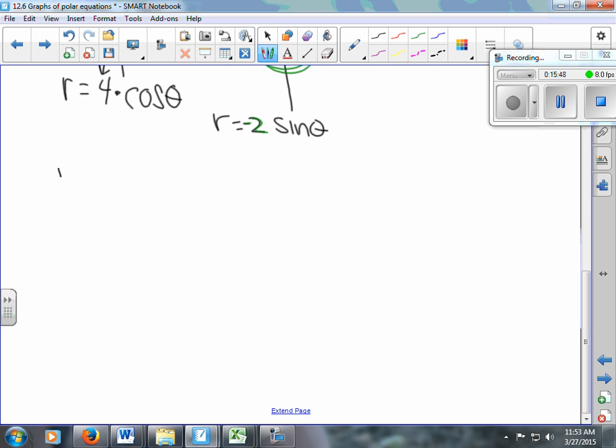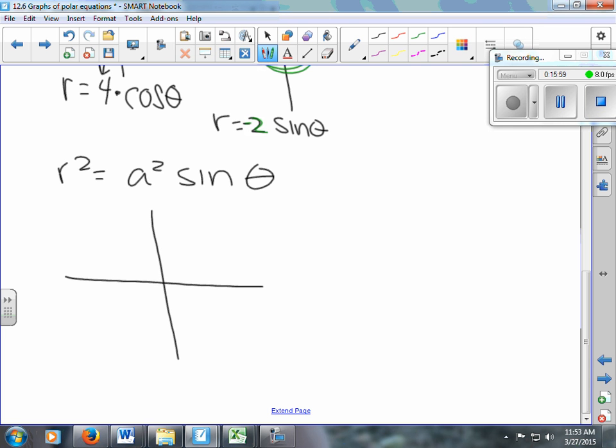The lemniscates I actually don't know, but I'll write these down for you also. This is where you have r squared equals a squared sine 2 theta. This lemniscate looks like an infinity sign in the first and third quadrants, almost like a petal, but it's not a point at the end, and this value here is a.